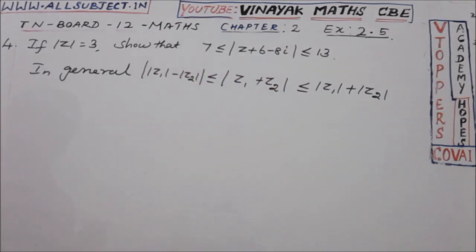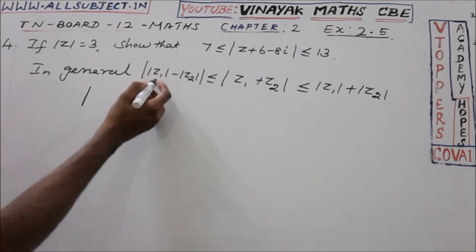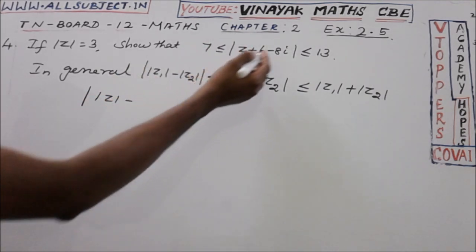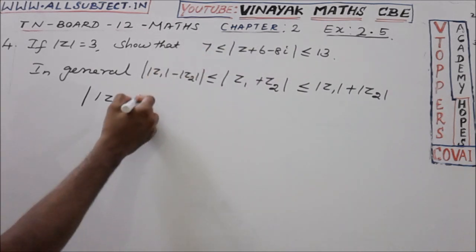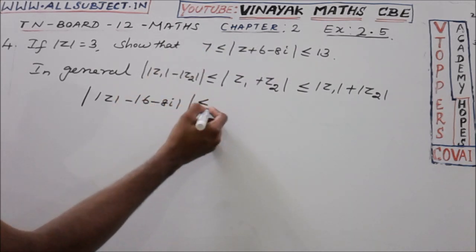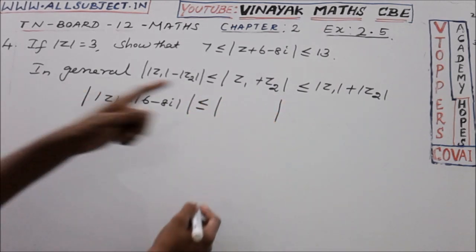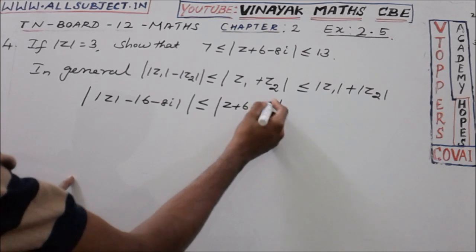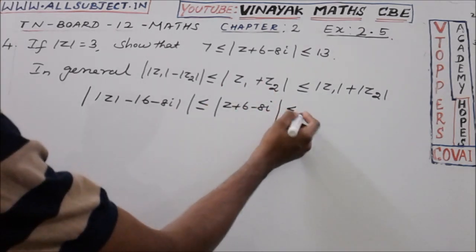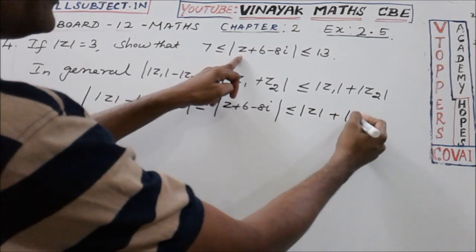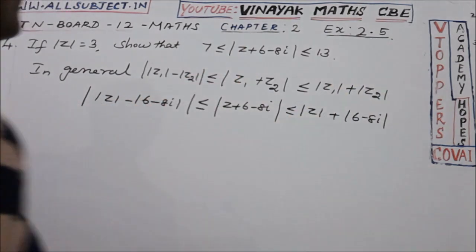Substituting in this formula, modulus z minus modulus of 6 minus 8i is less than or equal to modulus of z plus 6 minus 8i, which is less than or equal to modulus z plus modulus of 6 minus 8i.